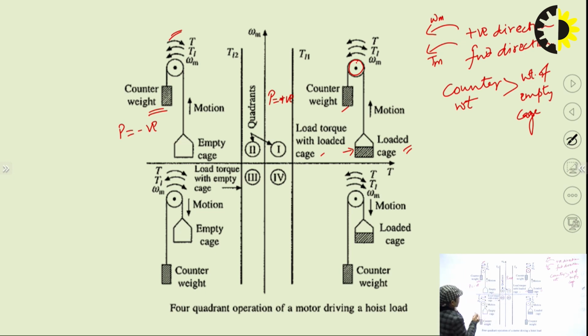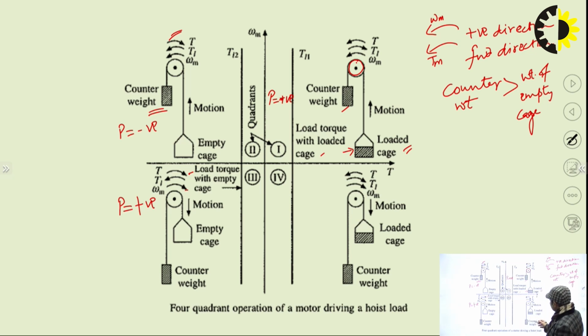Similarly, in this quadrant, the direction of the motor torque and the speed both change, and therefore we get positive output power, because this is negative and this is also negative. Whenever power is positive, that is the motoring mode, and since the direction of speed and torque change, this is reverse motoring.